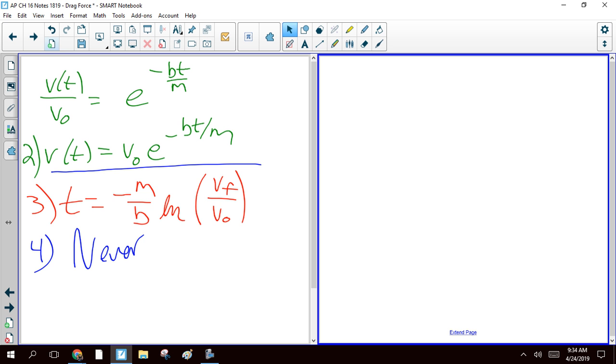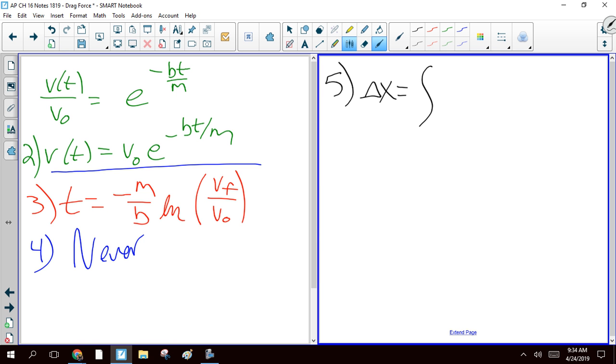What's the integral of e to the x? Displacement is the integral from 0 to time t of, I'm going to pull the v naught out, e to the negative bt over m dt.